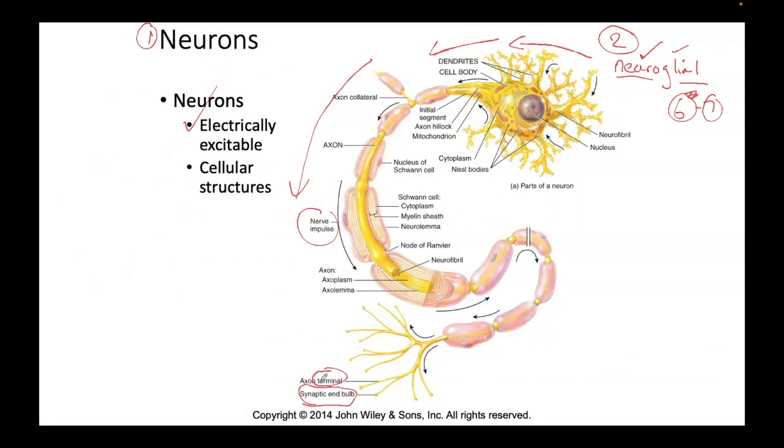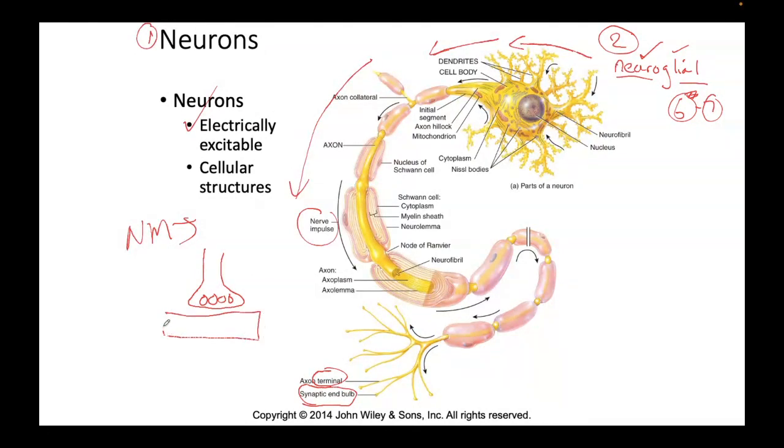That should be familiar from when you covered myology, the neuromuscular junction. We had this swollen end bulb with neurotransmitters, remember acetylcholine.